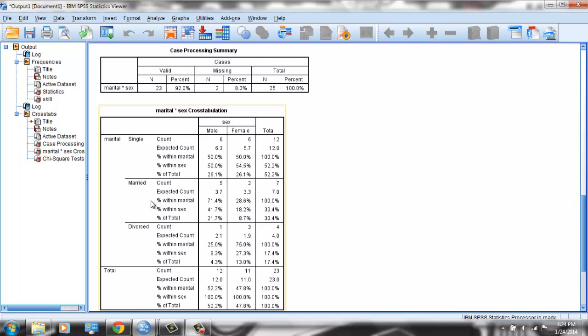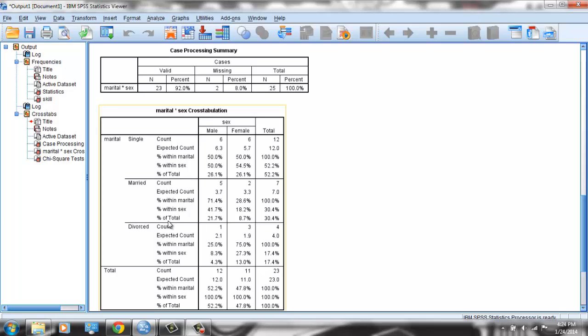Alright, so here's our married group. What percent of them are married total? That would be, make sure I'm reading this right, yes, 30.4%. This number here. So married, percent of total, because that's what the question asks. What percentage of all the participants are married?